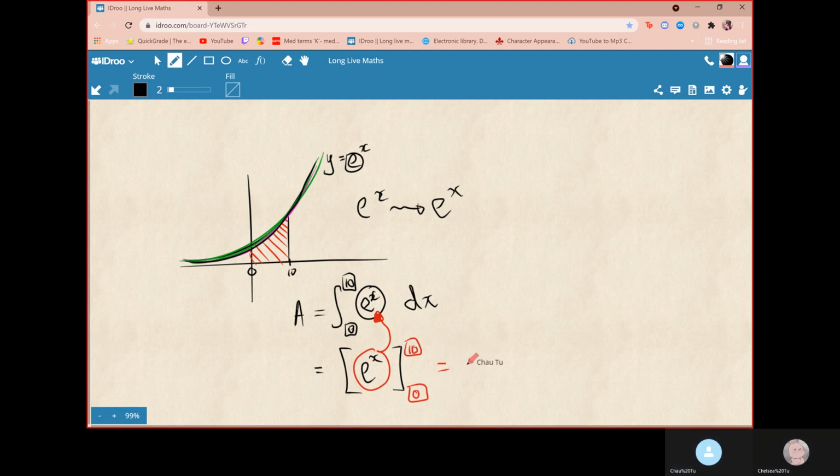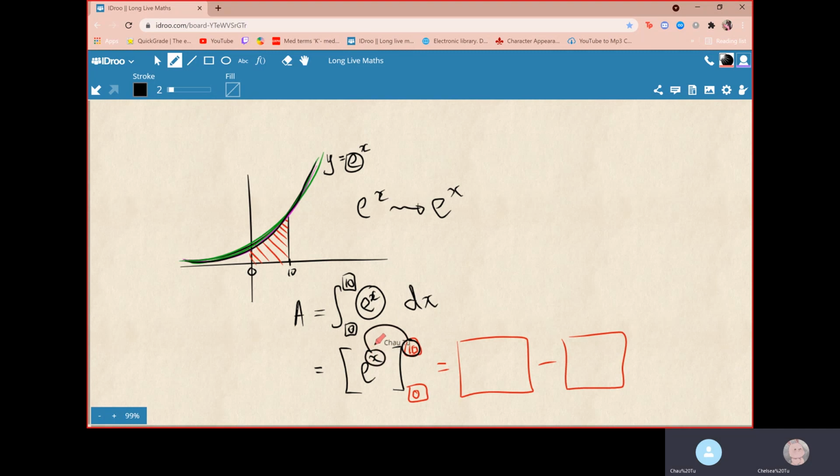Something, take away something. Do I put the 10 into the x? Yes. So then it would be e to the power of 10 minus e to the power of 0.